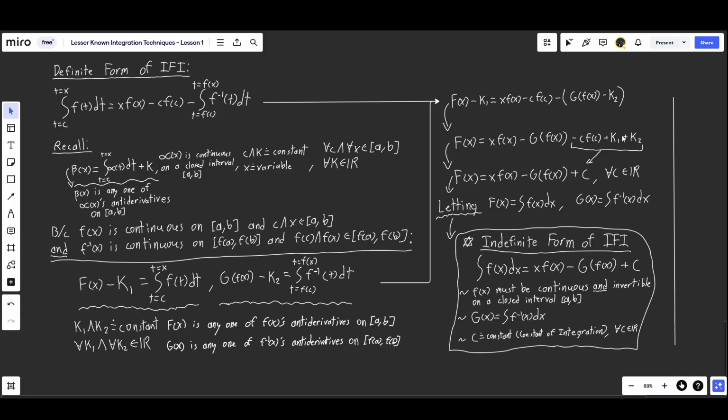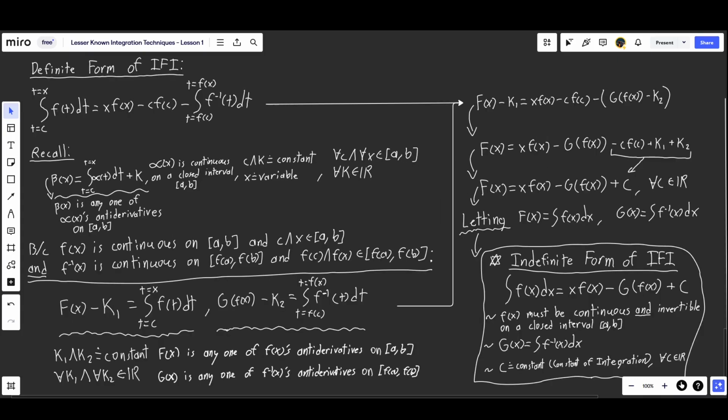This block of constants can be condensed into one constant, which I'll call c, where c can be any real number. Because capital F of x and g of x both represent antiderivatives of f of x and the inverse of f of x respectively, we can rewrite them in their indefinite integral forms.